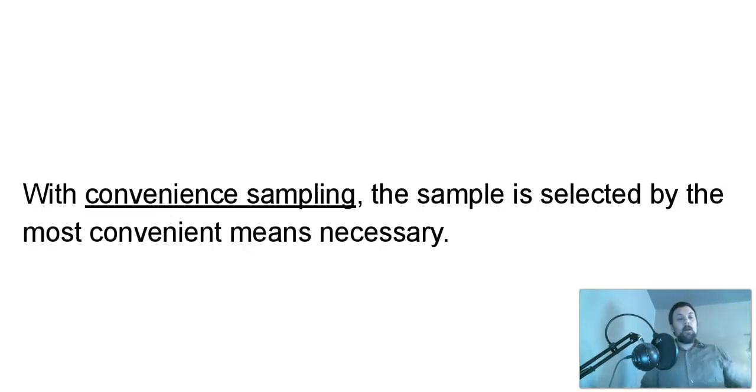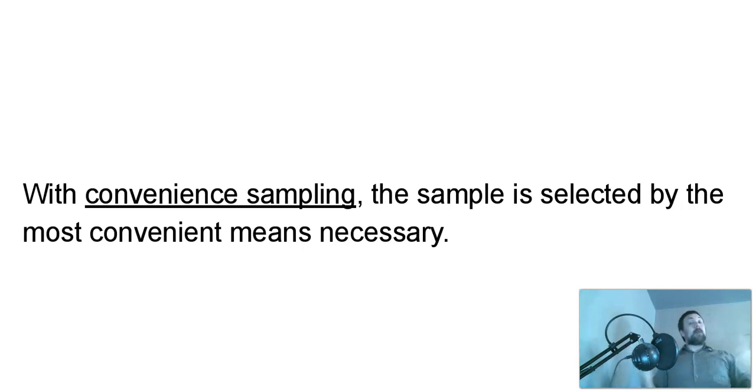All right. With convenience sampling, the sample is selected by the most convenient means necessary. So an example that I will often give in class of this is if I wanted to survey the students at Dodge City Community College about how they feel about tuition increases or something.